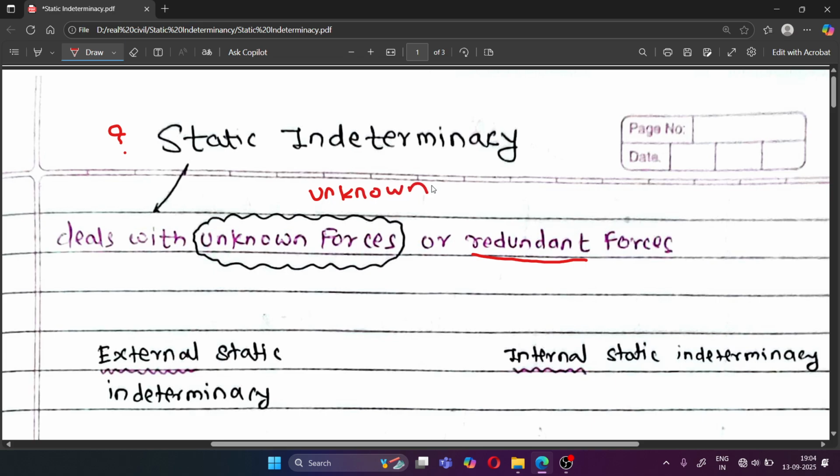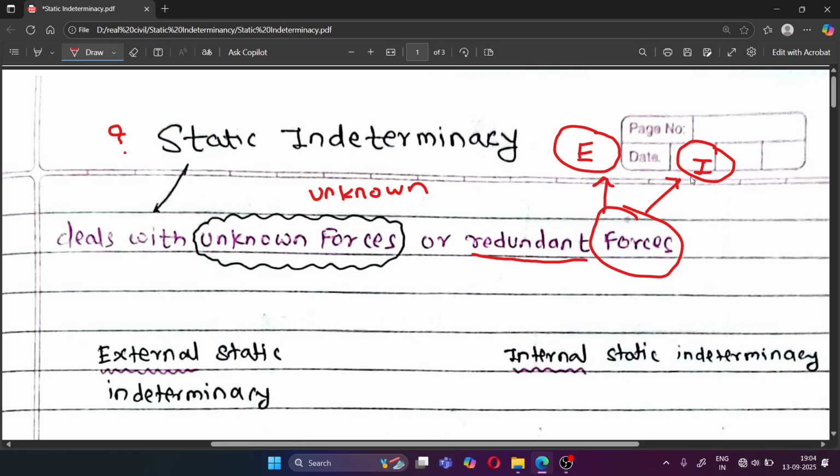Forces are of two types. First one is external forces, and second one is internal forces. So in our structure, in our beam, in our frame, the forces are either external or they are internal.